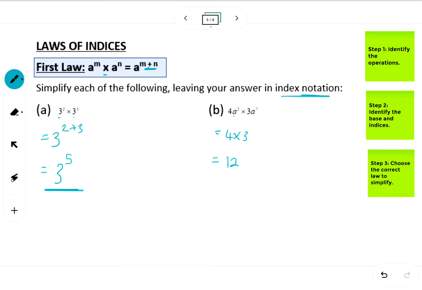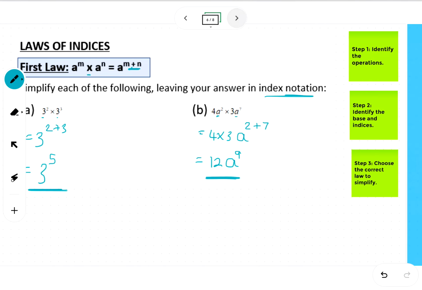Now let's look at the variable, base a, base a. So you can just use this law. Since this is multiplication, you add the indices. 2 plus 7 is 9. So that's the final answer.